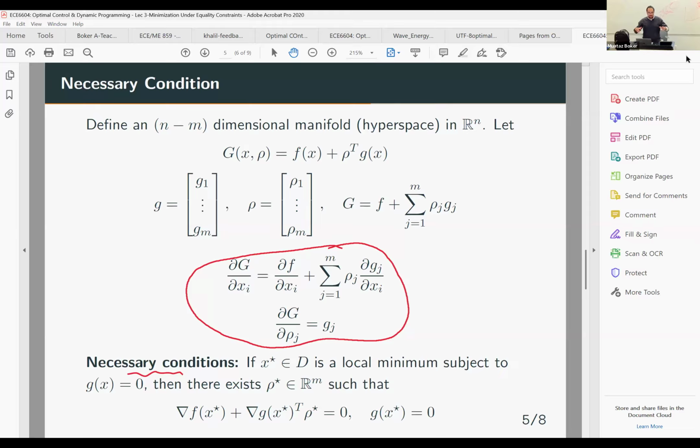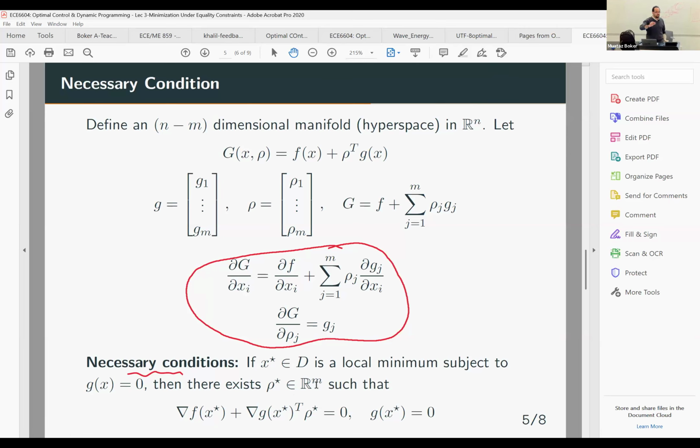Okay, so now let's write it in a matrix form. So necessary conditions: if x star belongs to the domain and is a local minimum, subject to constraints, then there exists a rho star. In this case, rho star is a vector of dimension m, which is the number of constraints, right?